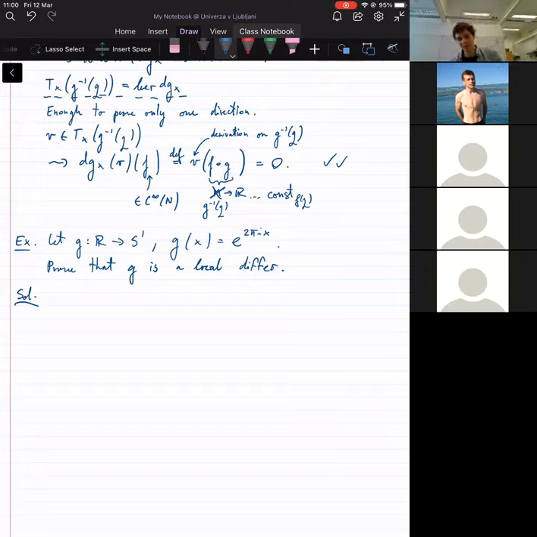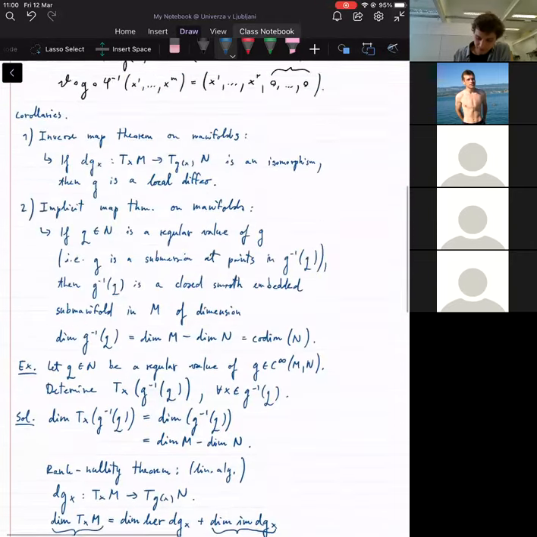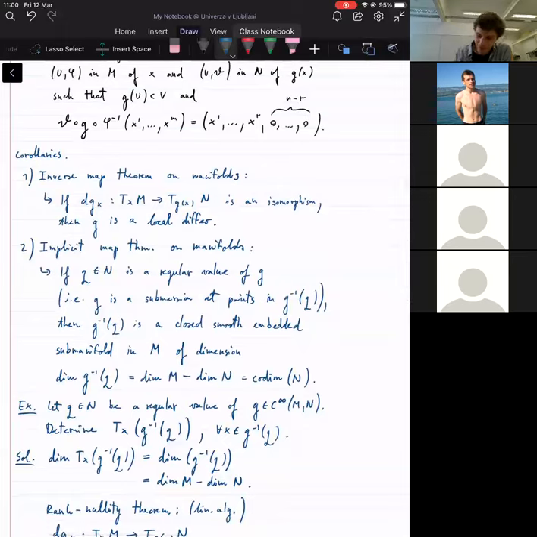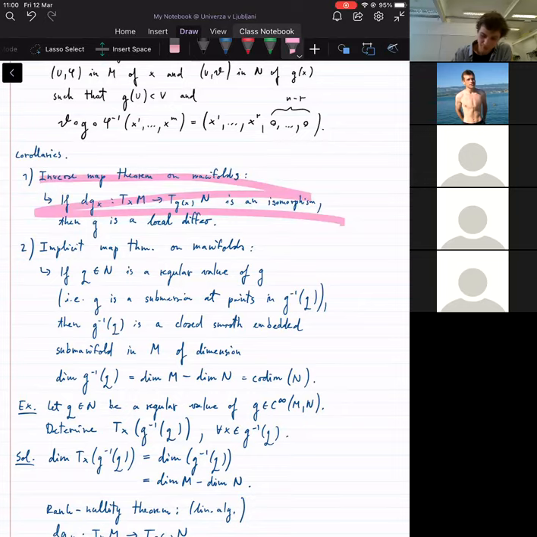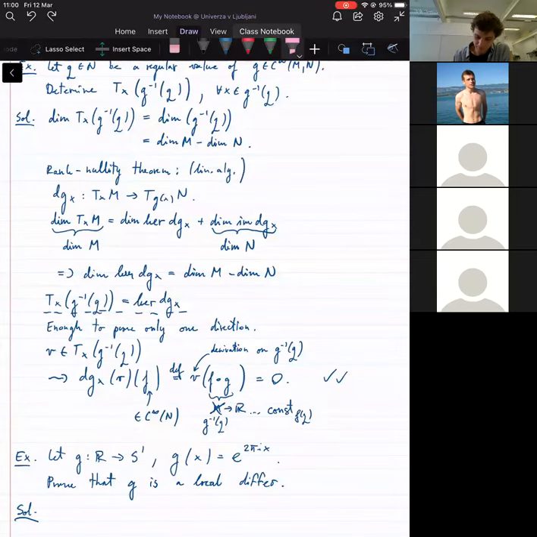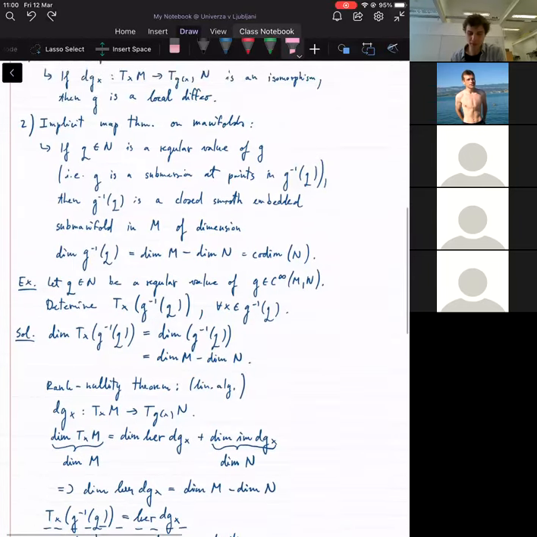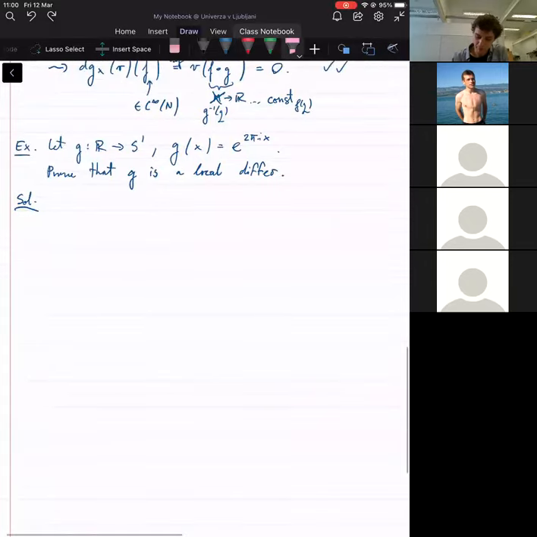I have a better way. Don't we have a theorem written above? The inverse map theorem. Yeah, exactly. So we're going to use the inverse map theorem in order to conclude that it's a local diffeomorphism, right?